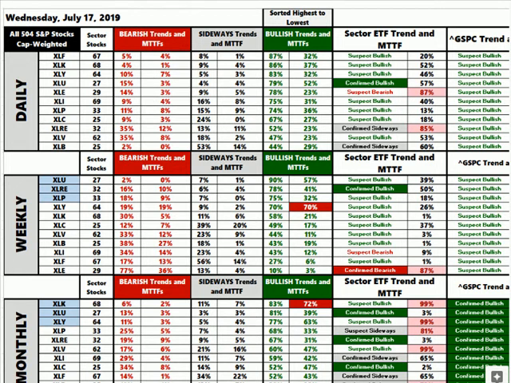But what's interesting is a lot of times when you get a bullish market, you want to know where to go, right? Because a lot of times you get sector rotation. It wasn't that long ago that we were looking at, if I remember this right, XLU, XLRE, and I think it was technology still back then. XLP was the other one, so it really was the durables and the more safe things.